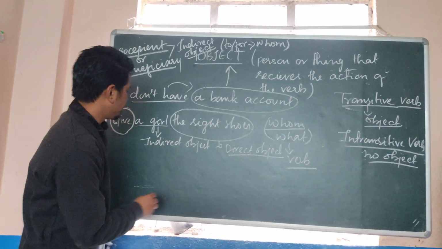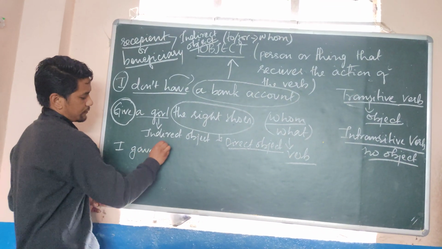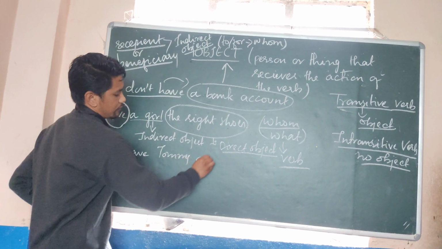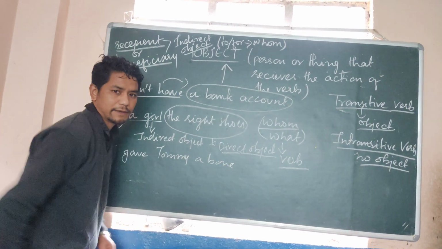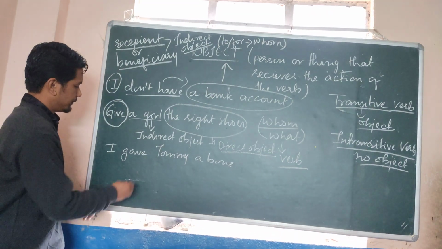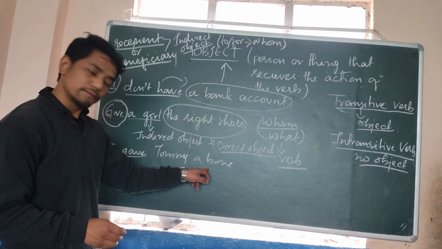Suppose I write here: I gave Tommy a bone. Gave is the verb here. Gave what? Gave a bone.